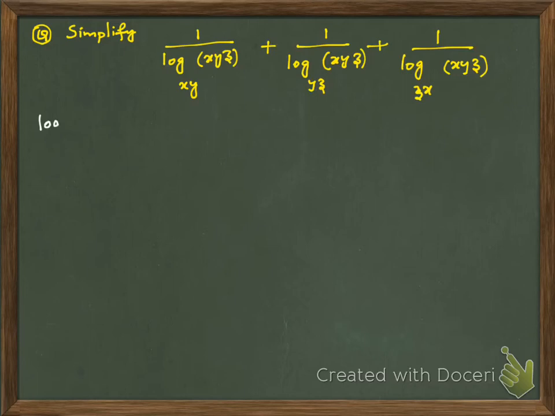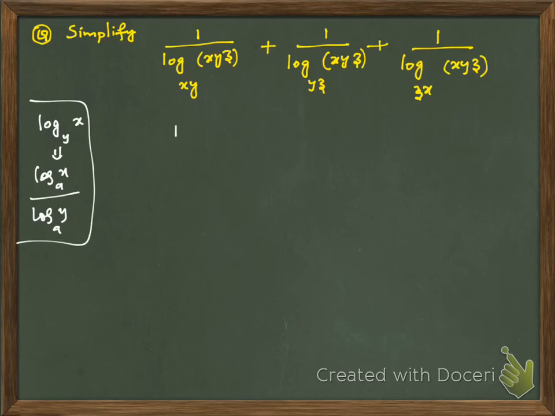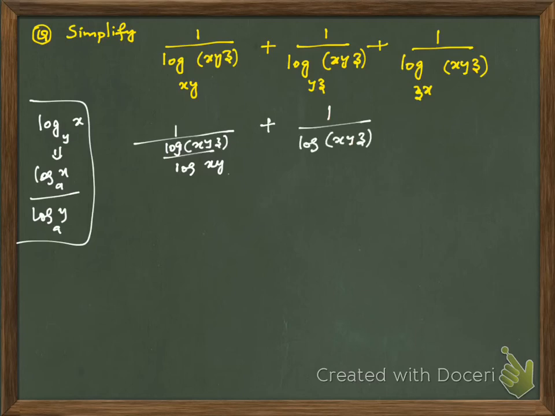Now the first formula, as I have told you, if log x to the base y is there, this can be written as log x to the base a by log y to the base a. So according to that, this will be written as 1 by log of xyz divided by log xy, plus 1 by log xyz divided by log yz, plus 1 by log of xyz to the base zx.